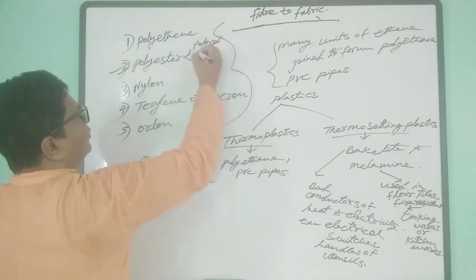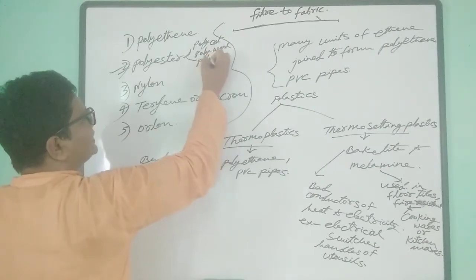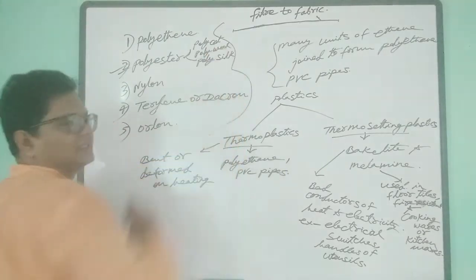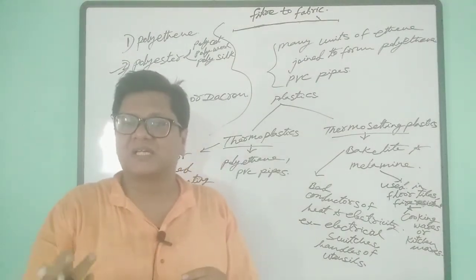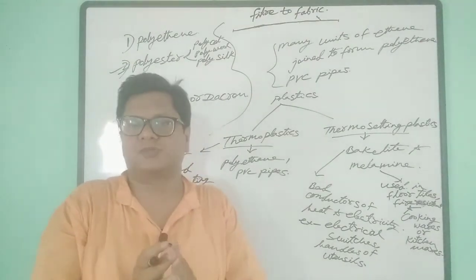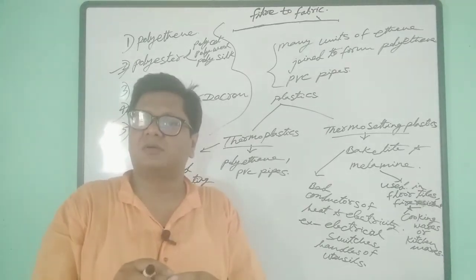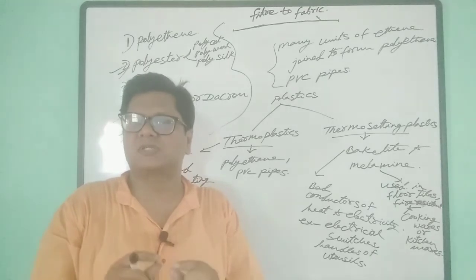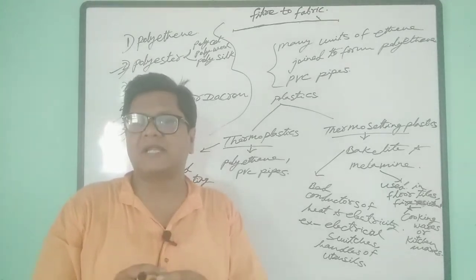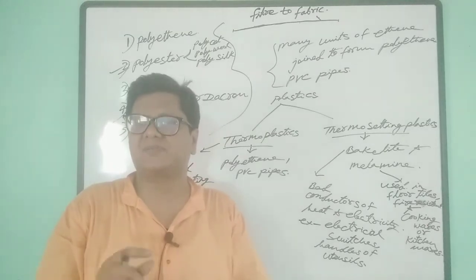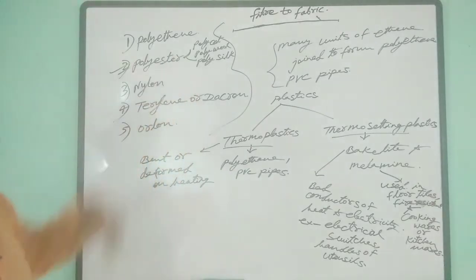A combination of polyester with cotton fabric is called polycot. A combination of polyester fabric with wool is called polywool, and a combination of polyester fiber with silk is called polysilk. So I have discussed polyester also.